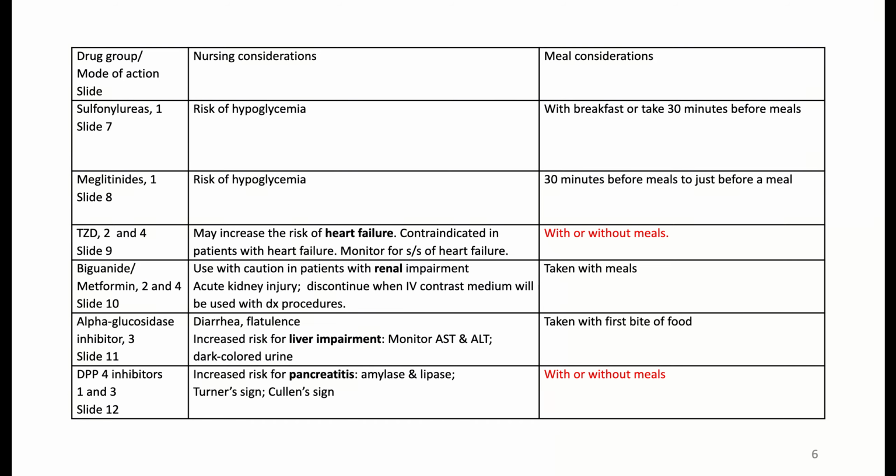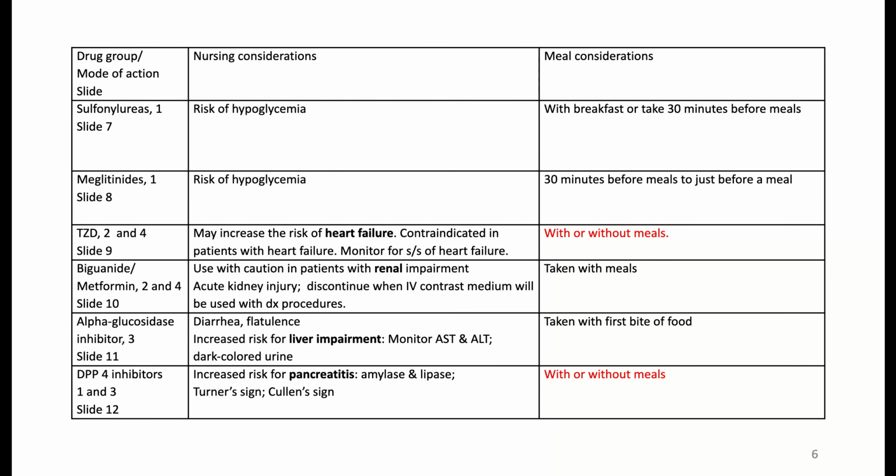A biguanide or metformin, even though its site of action is in the liver and peripheral tissue, you still would like to give it with meals to reduce GI upset. Drugs that target the pancreas to release insulin, such as sulfonylureas and meglitinides, have to be taken with meals or just before a meal or up to 30 minutes before a meal.